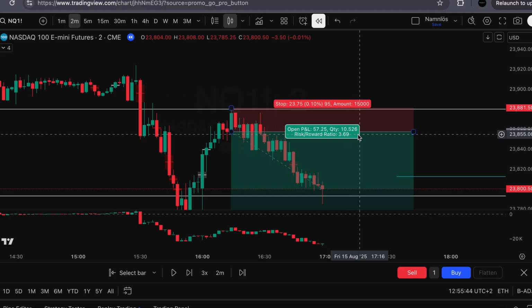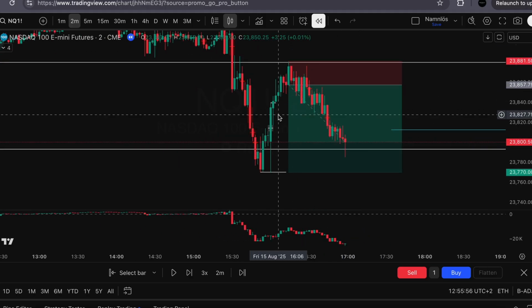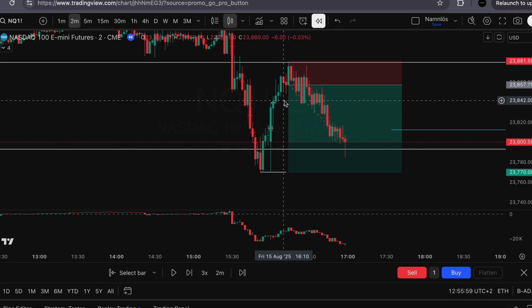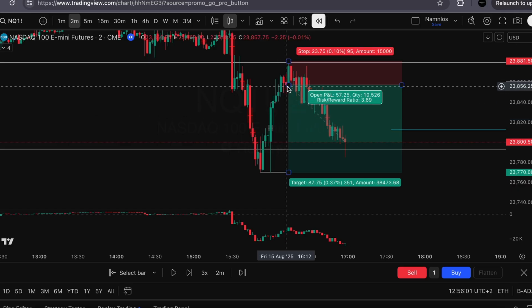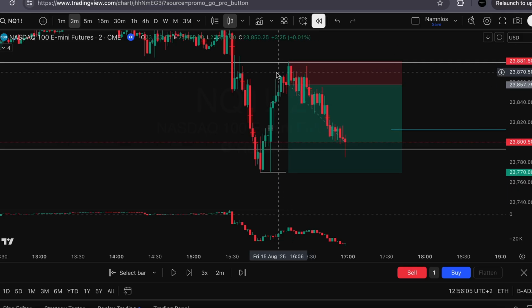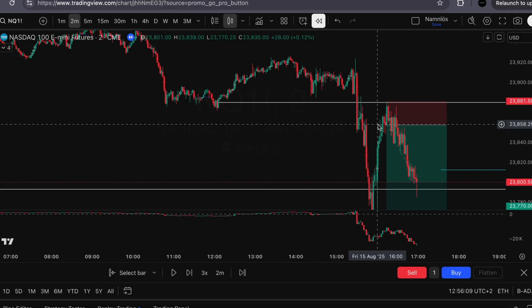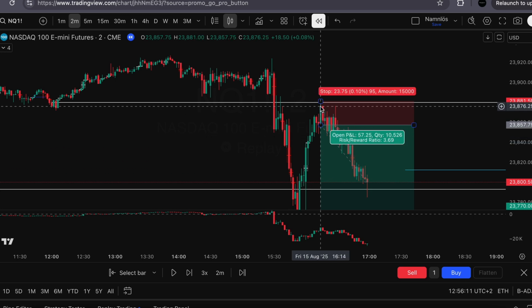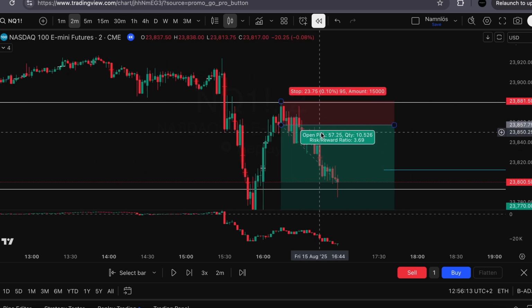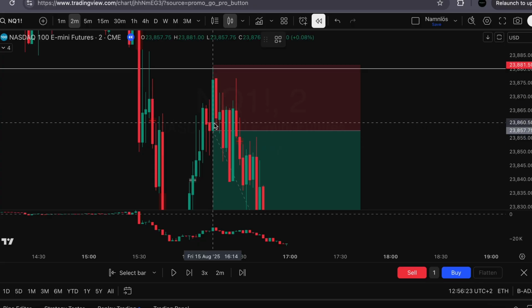I'm going to show you why I took the trade I took. For my trade model, I need to see a CSD, a change in state of delivery, and it needs to happen at an important level that I'm monitoring. For us, it was that order block, the hourly order block right here. When the price came back into this, this is the candle that I was treating as the CSD.